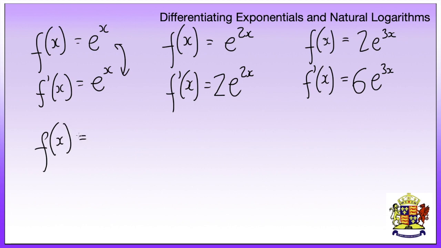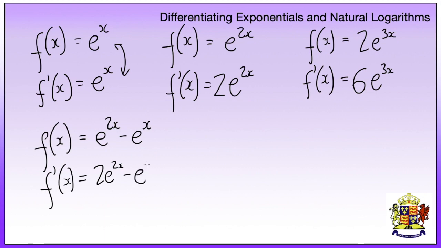So I get 6e to the 3x. How about if I have f of x is e to the 2x minus e to the x? Well, in this case, I just do them individually. So the first one becomes 2e to the 2x minus e to the x.